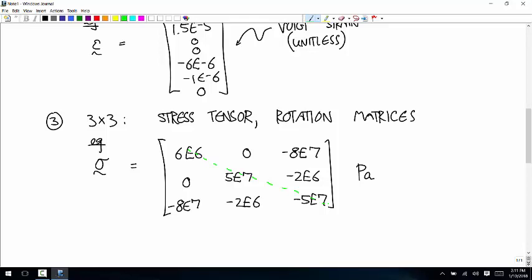But if you show the mirror image of the off diagonal elements about that diagonal, they all have to match. This and this are the same. This and this are the same. This and this are the same. And that's a requirement for the stress tensor. It's called a symmetric matrix. Yes? Sigma, yep. Epsilon, that's right.